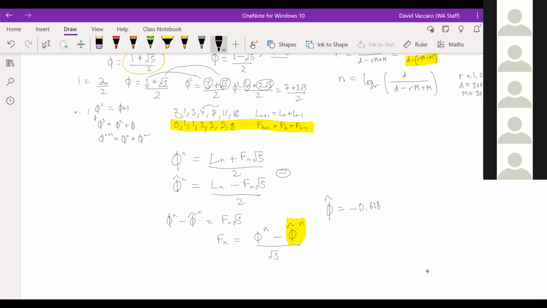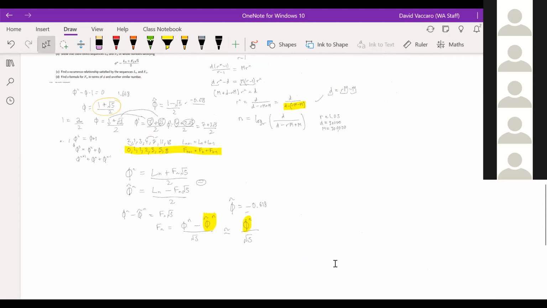Okay, so this term goes away. So to a very good approximation, the Fibonacci numbers, they're not a geometric sequence, but they're almost a geometric sequence, and their common ratio is close to the golden ratio. And this question provides a very, very nice proof of that.